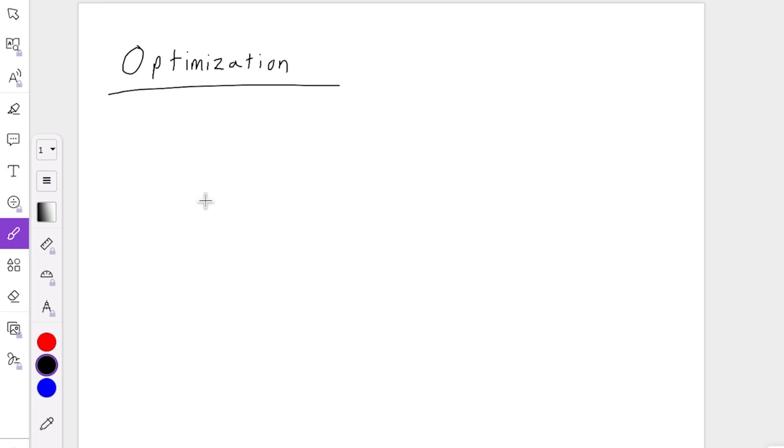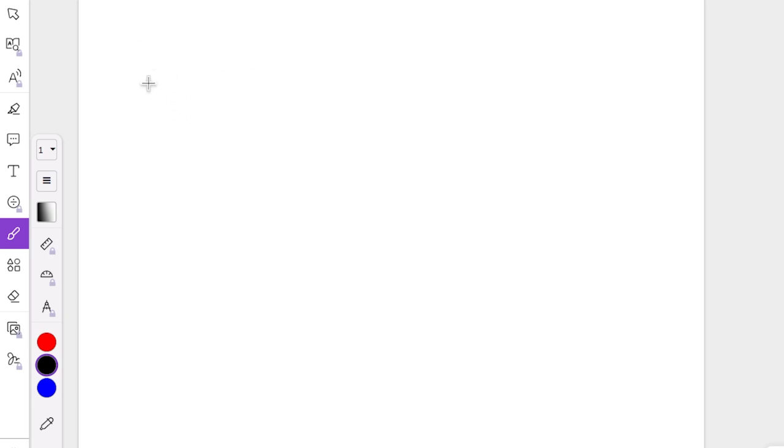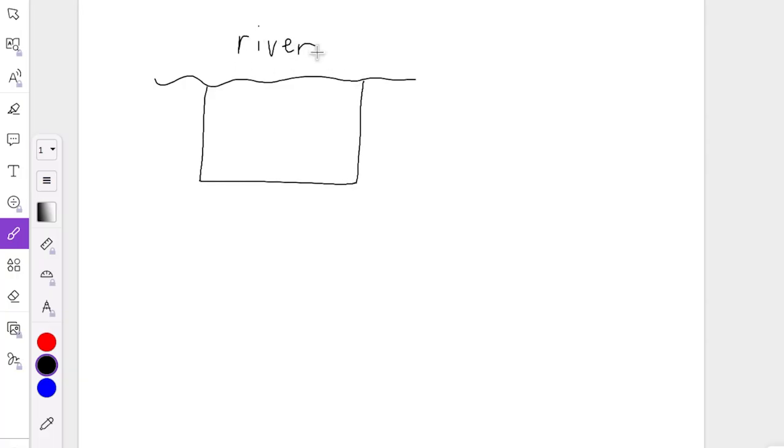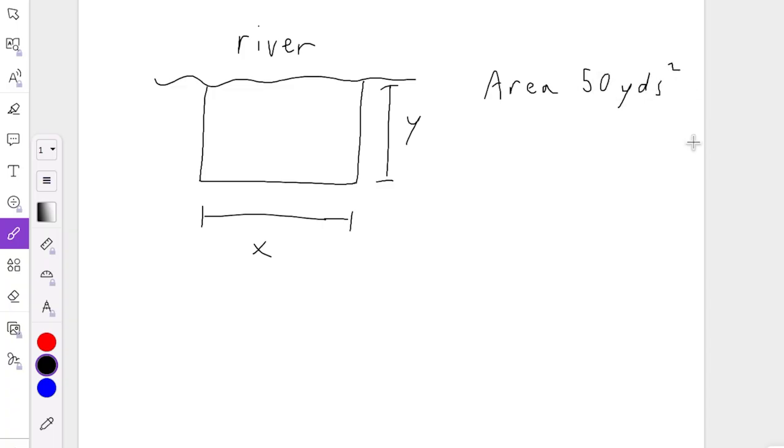So I want to build a fence around an area that is bordered by a river at the north end. I'm going to build this fence, which has a length of X and a width of Y, and I want to have an area of 50 yards squared. That's my goal. I want to enclose an area.